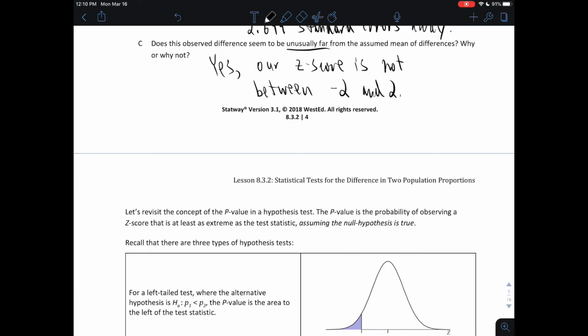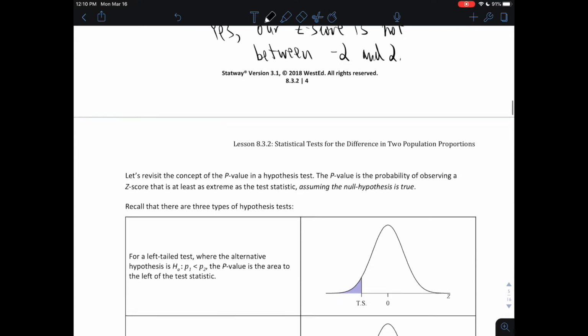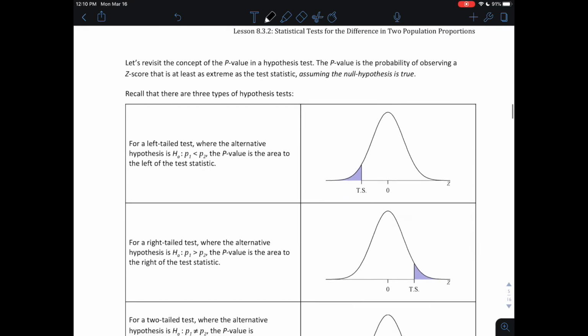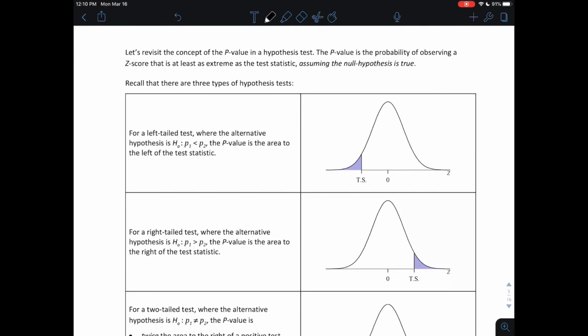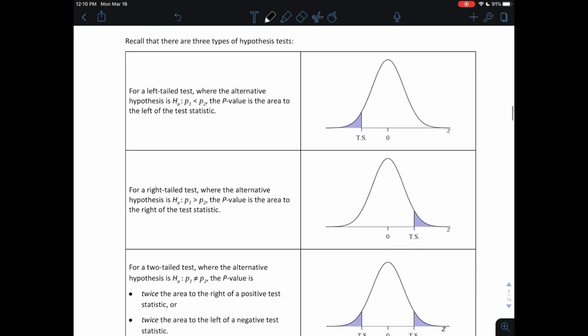So now let's revisit the concept of the p-value in a hypothesis test. The p-value is the probability of observing a z-score that is at least as extreme as the test statistic, assuming the null hypothesis is true. Recall that there are 3 types of hypothesis tests. There's a left tail test, where the p-value is the area shaded in the left tail, that is to the left of our test statistic.